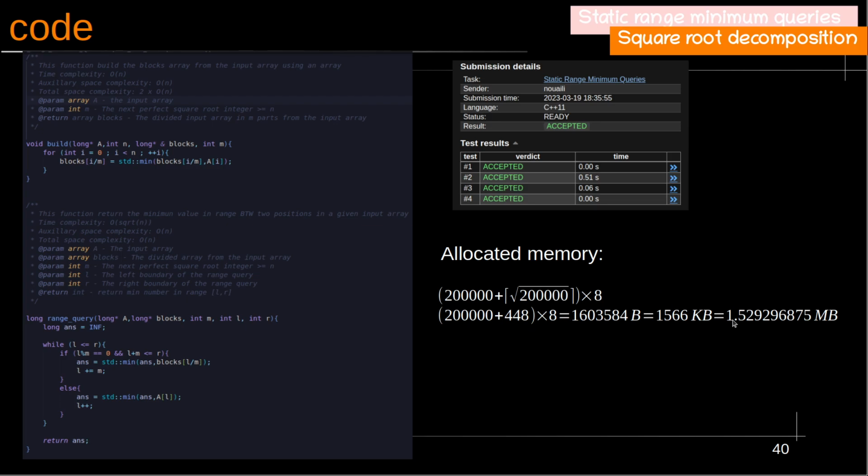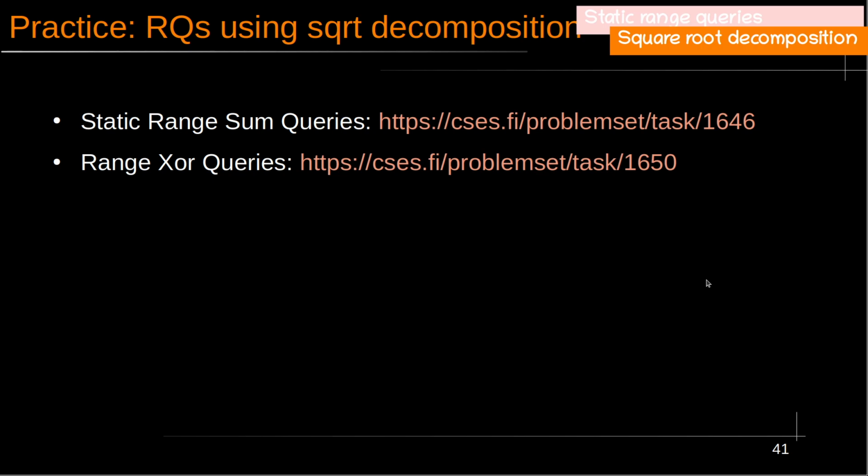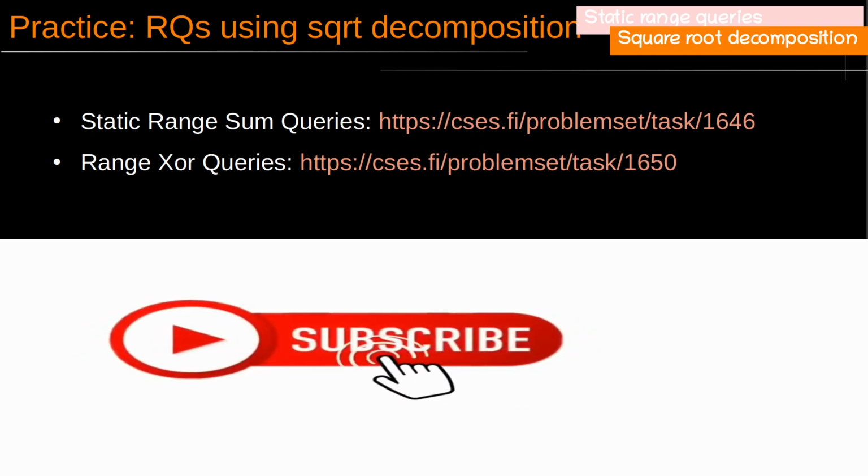So we get 1.5, let's say 1.6 megabytes, which is less than the memory limit in the task. As practice now, I suggest you repeat the problems static range sum queries and range XOR queries using the square root decomposition technique.